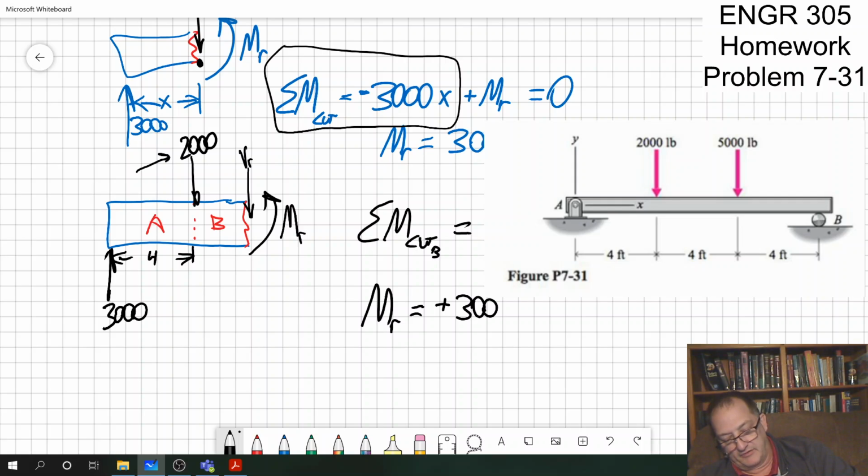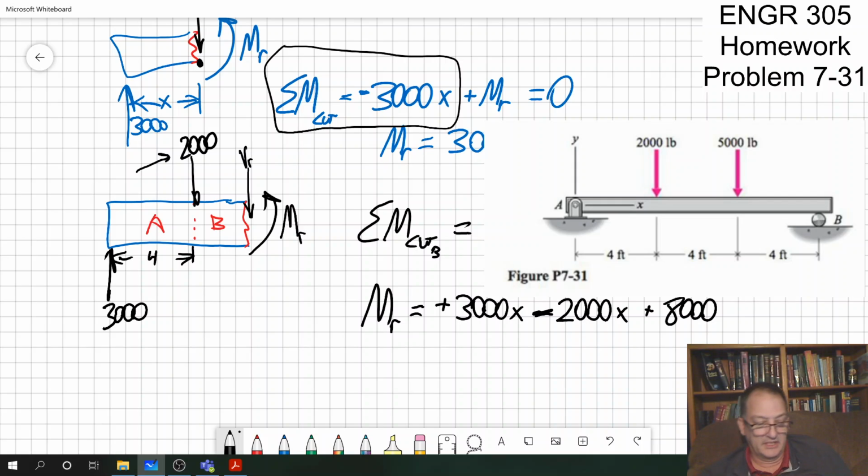it's now a positive 3,000x. See how I almost messed that up? And then I'm going to write this out carefully. Minus 2,000x, because it was plus, so it goes to minus. And then it's going to be 2,000 times a negative 4 to give me a negative. So that's going to become a positive, plus 8,000.